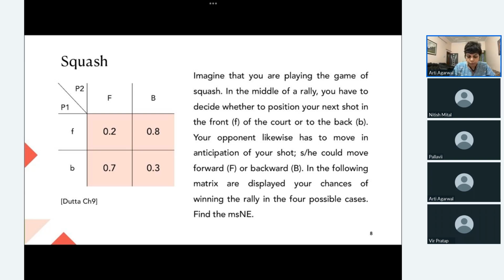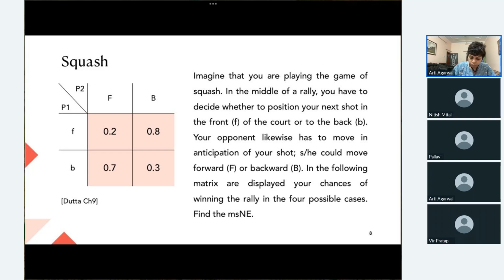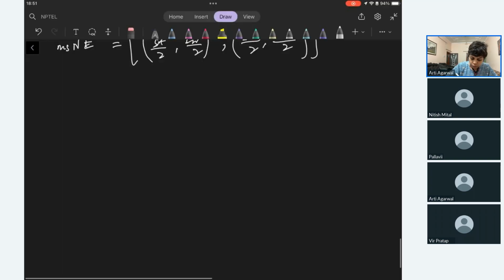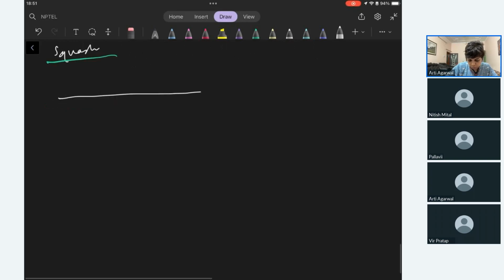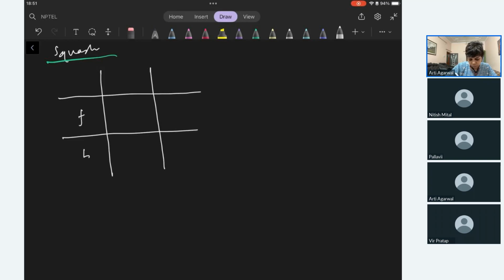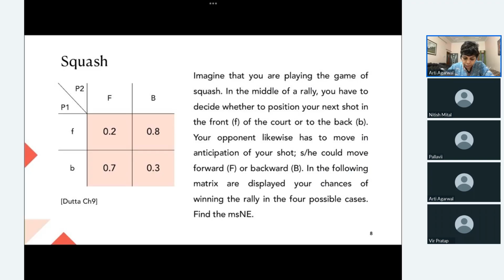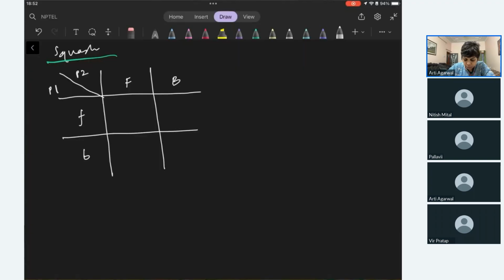So let me write this table again here. Let's go to game squash. This is 0.2, 0.8, 0.7, 0.3, but we want to write the payoffs for both the players.